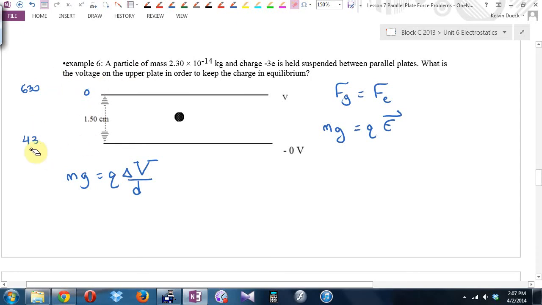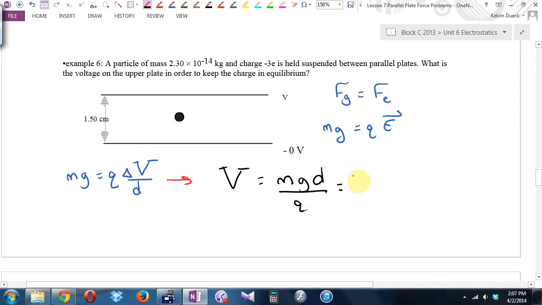Anyways, get the V by itself. How? What will I do with the Q? Divide. What will I do with the D? What will I do with the triangle? It's part of V. Don't say anything. Okay. So the voltage is going to be mgd over Q. Did they give me the math?